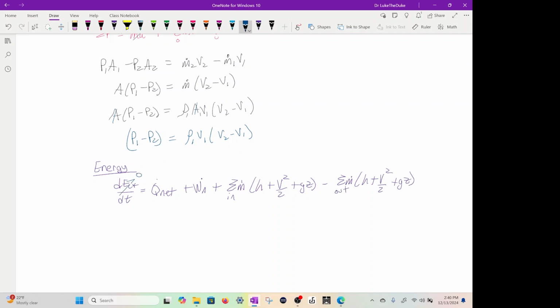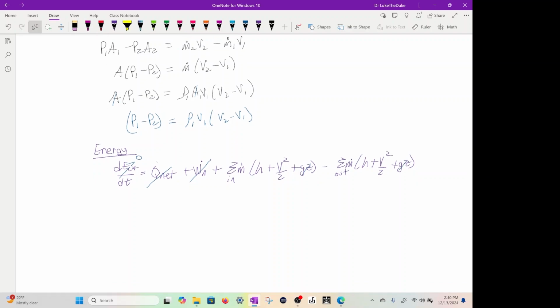This is 0, steady state. We have no heat transfer, no mechanical work. The elevation changes are the same. And so what we end up getting is 0 equals 0 plus 0, m dot 1 (h1 plus V1 squared over 2) minus m dot 2 (h2 plus V2 squared over 2).